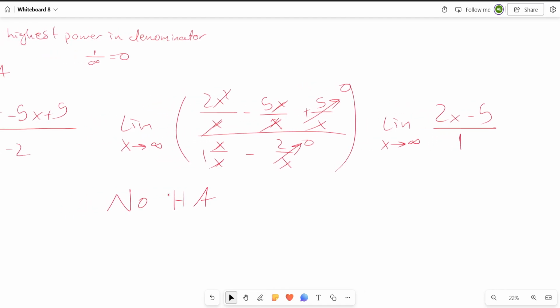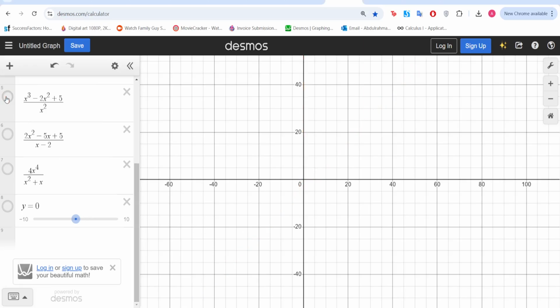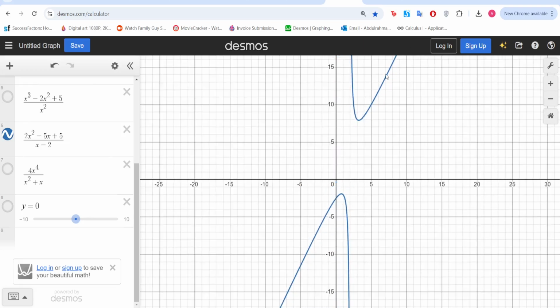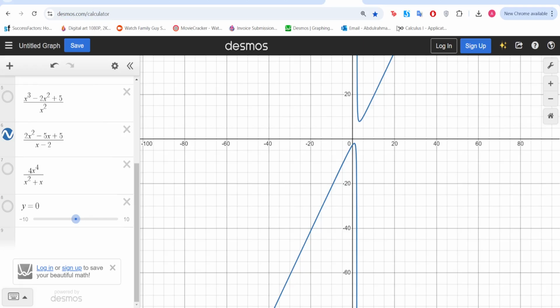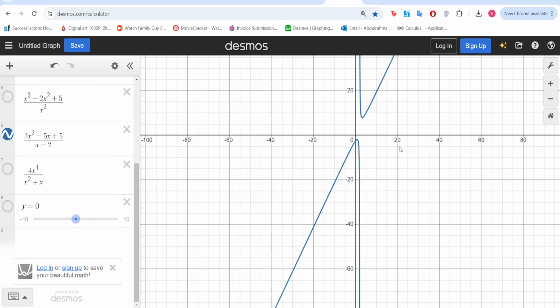Let me check if the numerator is 1 power greater than the denominator. This is 2, this is 1, so that is correct. So indeed, I will have an oblique asymptote. And let's check by graphing this. If I graph the function over here, again, this seems to have an oblique asymptote, which looks like a straight line that is slanted somehow.